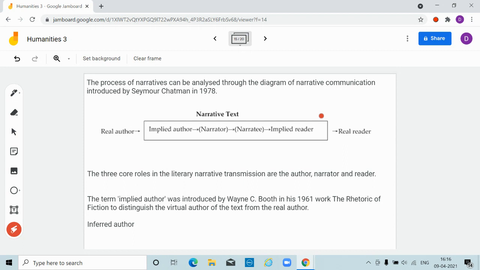Implied reader or intended reader, which is not formally used, obviously, but for your better understanding, I just used the term. That is, when an author is writing a work, he might have a particular reader in mind. For example, tragedies will be enjoyed by a particular group of readers.